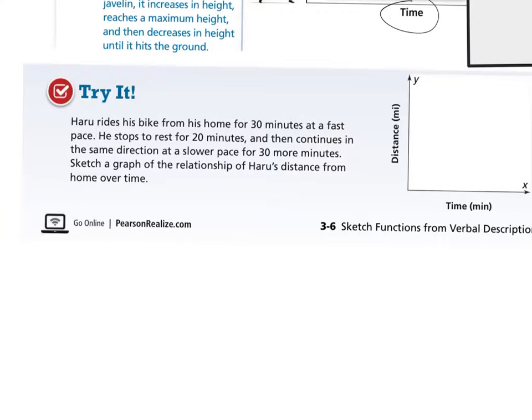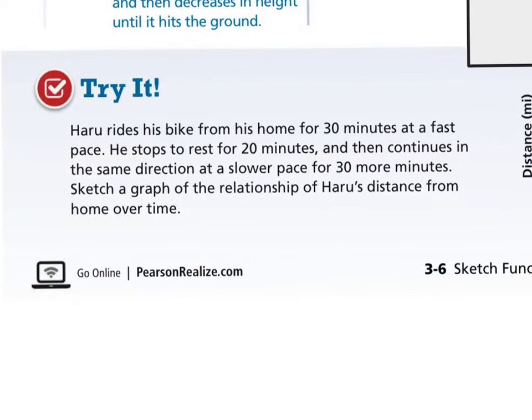So if you look at the try it, Haru rides his bike from his home for 30 minutes at a fast pace. He stops to rest for 20 minutes. Then he continues in the same direction at a slower pace for 30 more minutes. Sketch a graph of the relationship of Haru's distance from home over time.